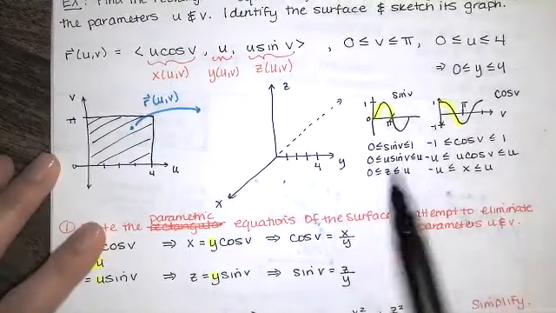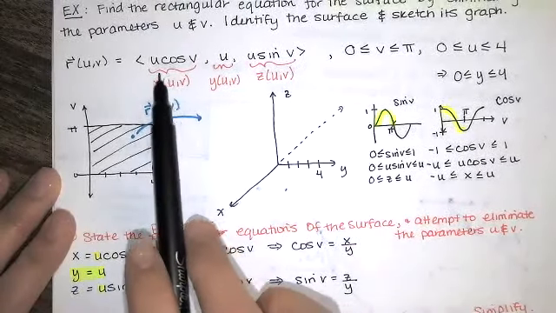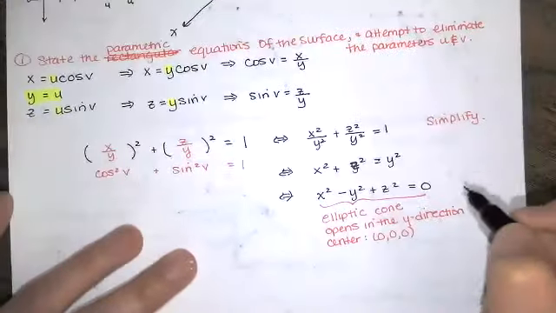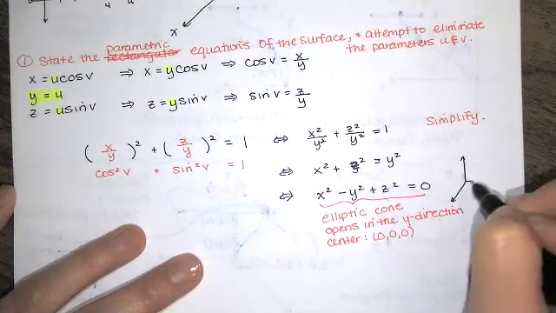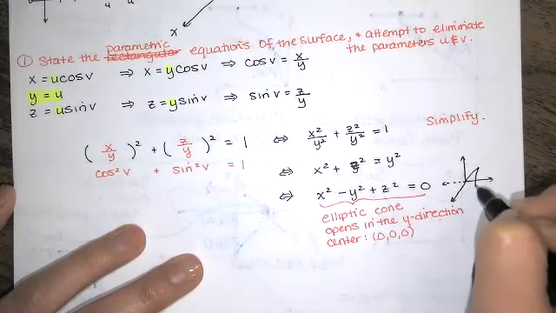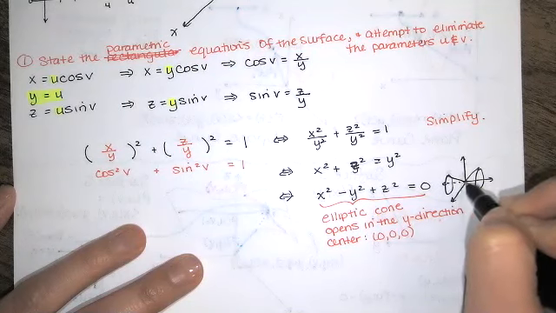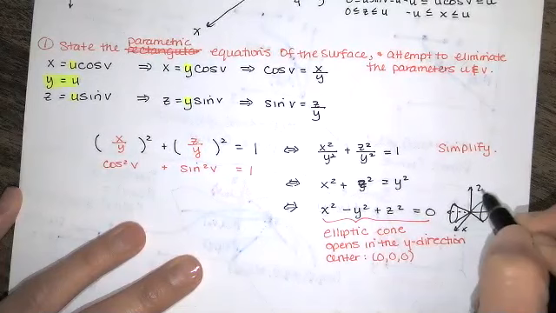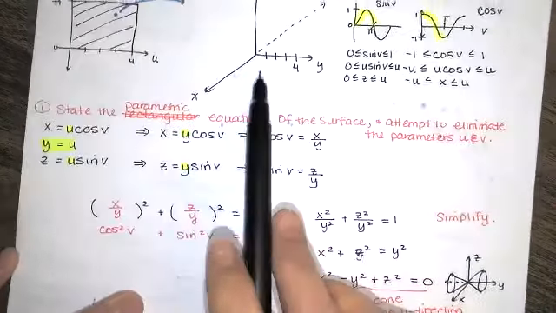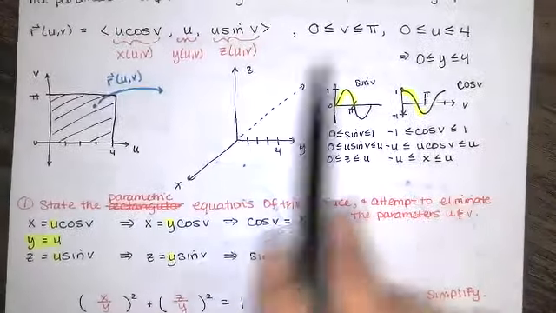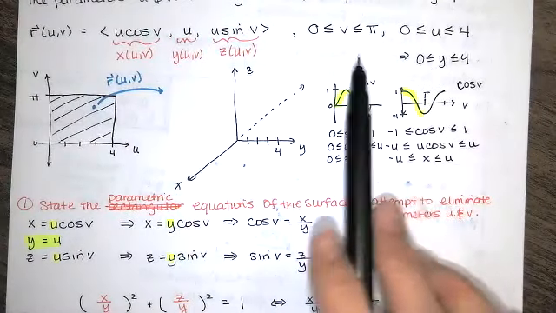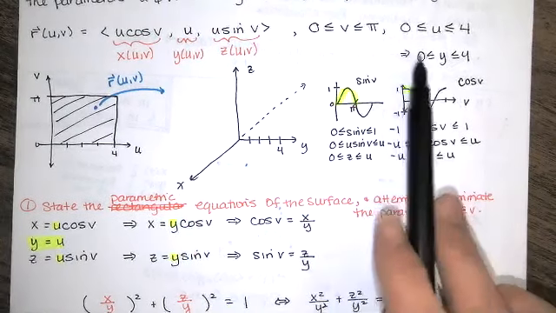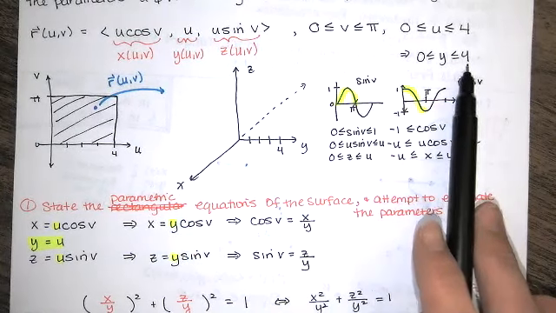So what does that mean? Well, it means that whenever we're getting that cone, it opens on the y-axis. That's the general shape. Now that's not what we get here. We get something very close. We get a cone that opens on the y-axis, but it's only on that positive y-axis because u is between 0 and 4, which implies that y is between 0 and 4.